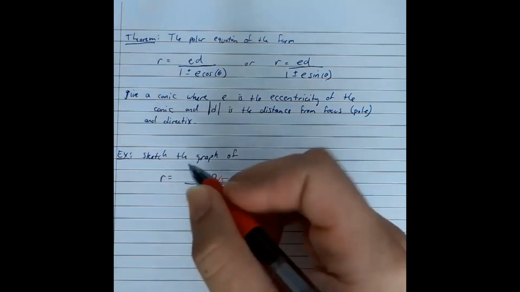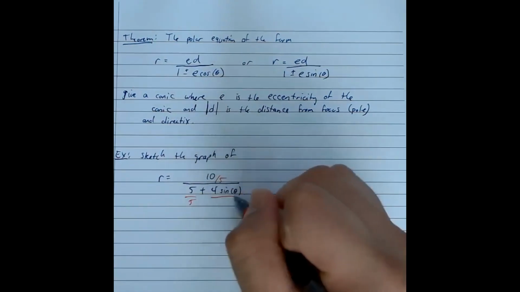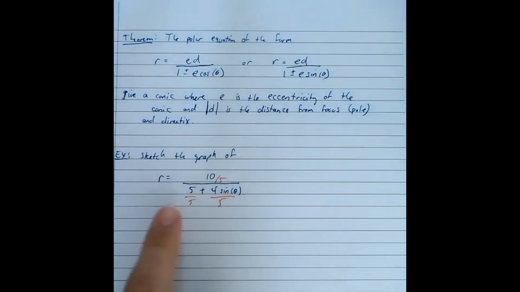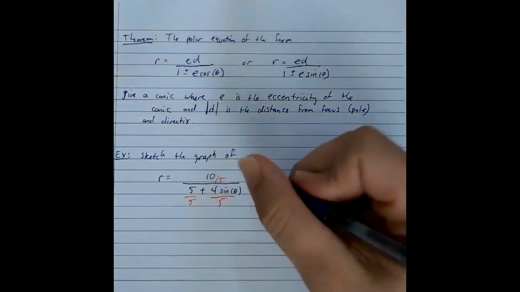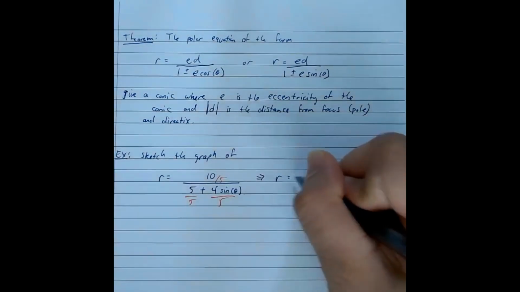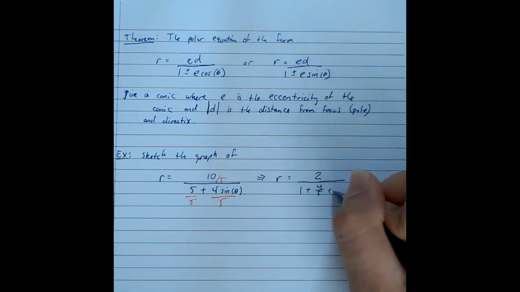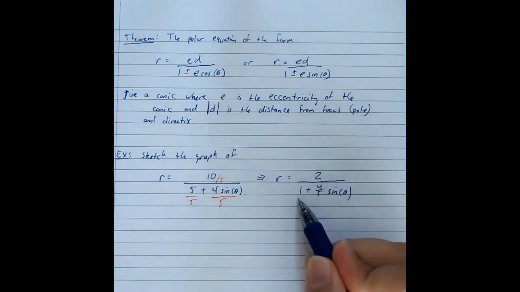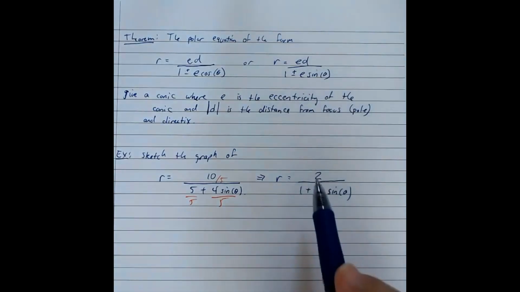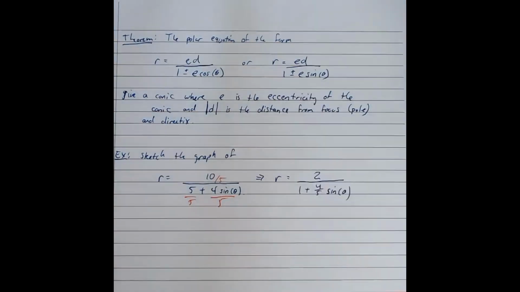If it's not, it's simple enough to modify. We divide everything by that number so that you end up with 1. So this is the same as saying r is equal to 2 over 1 plus 4/5 times the sine of theta. Okay, now that that's the number 1, everything else should match up to what our equation looks like.